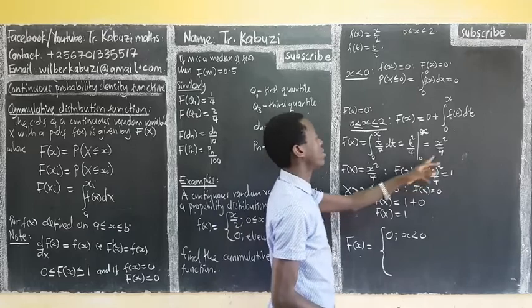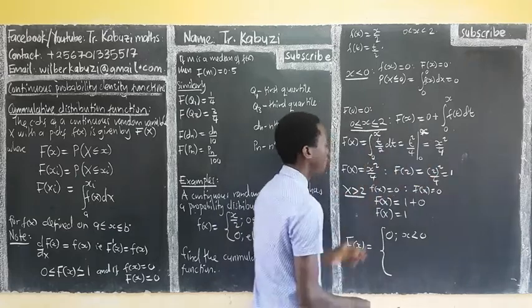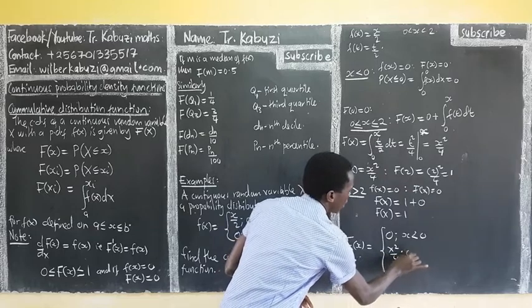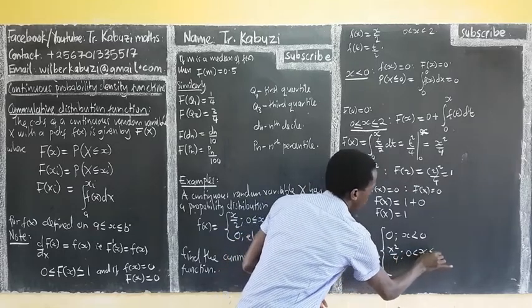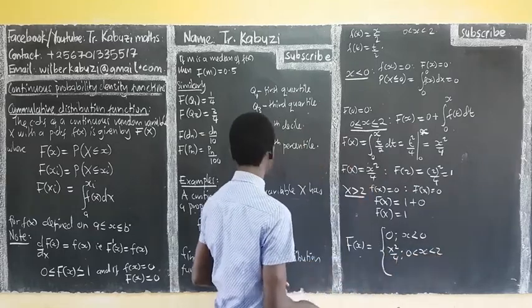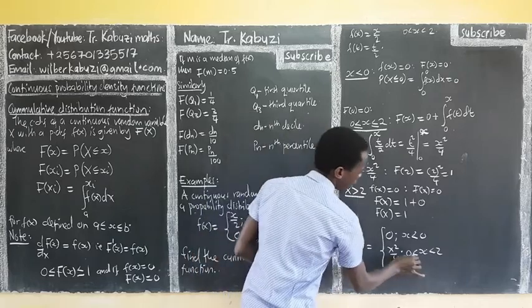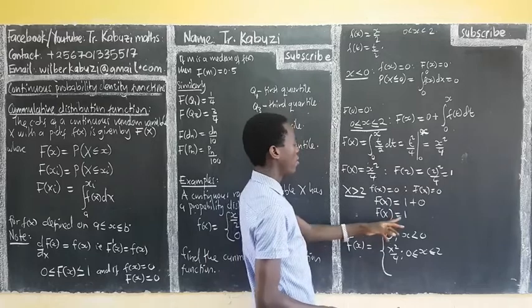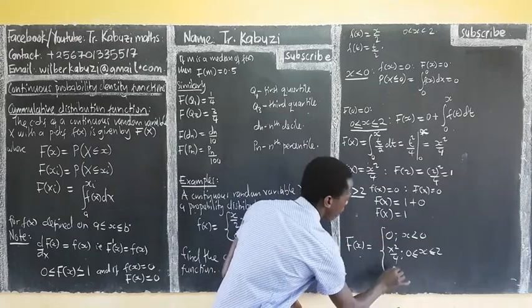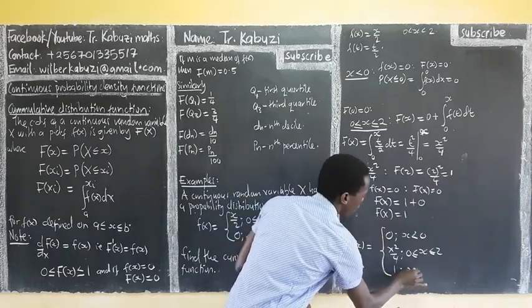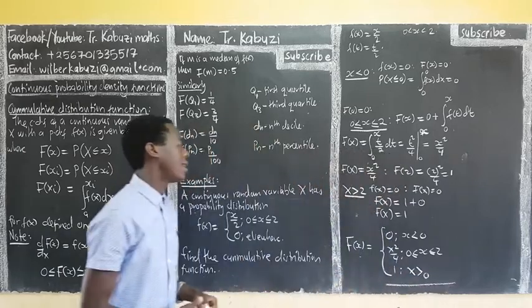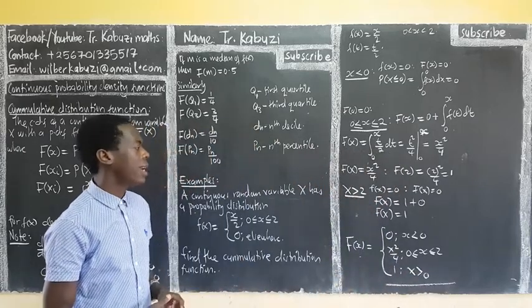Then it was x squared over 4 for the interval 0 to 2. Then it was 1 for x above 2. And that will be our capital F of x.